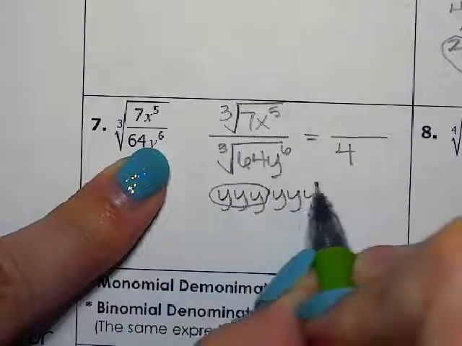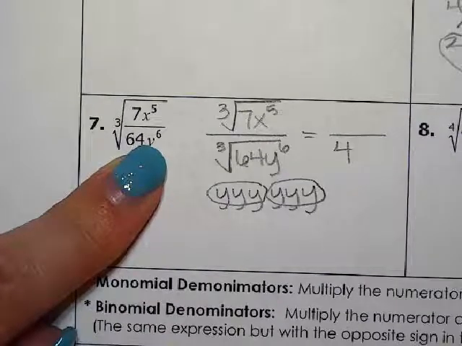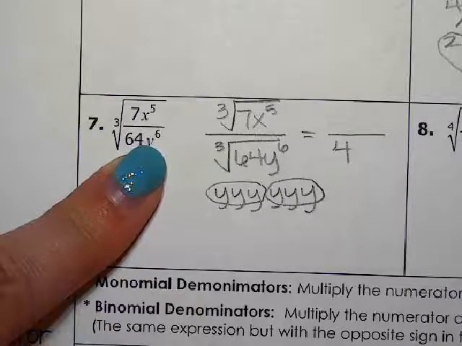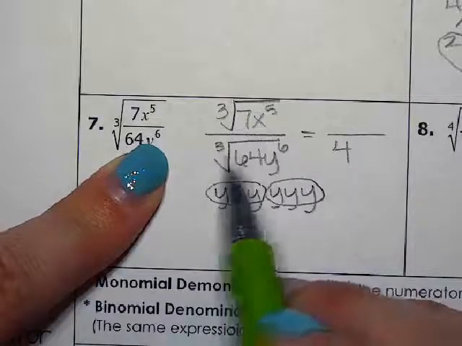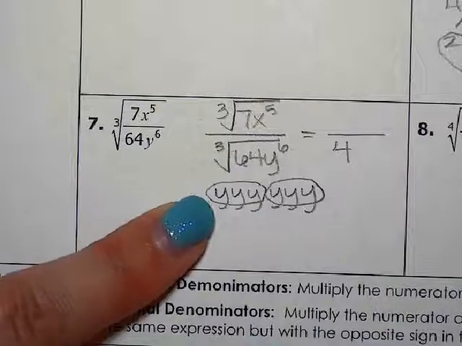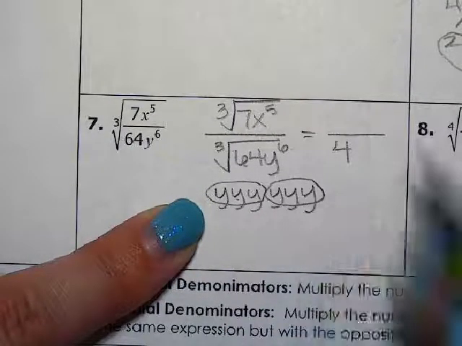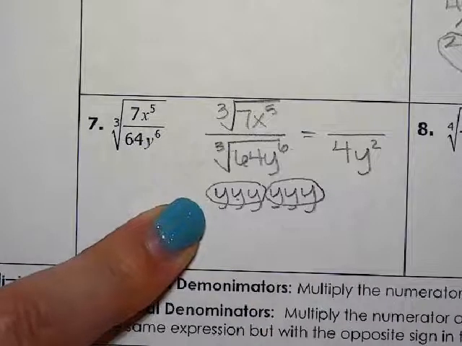And with the variables, if you have no leftovers, that means that nothing would go in the radical, and that means that with your variables, you do have a perfect cube. And the other way you can tell is that 3 goes into 6. So that's the other way you can tell you have a perfect cube. So we have a triple, that's y times y, which makes a y squared with no leftovers, so nothing to go inside the cube root, okay?